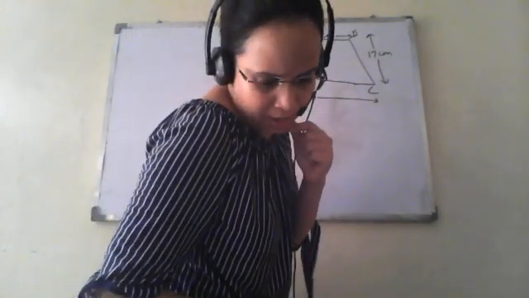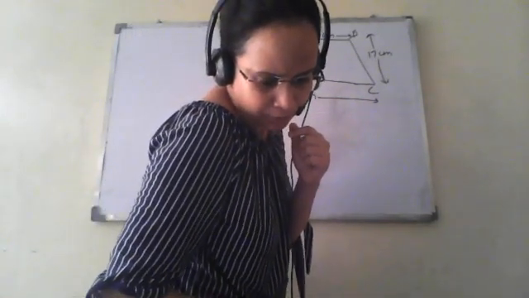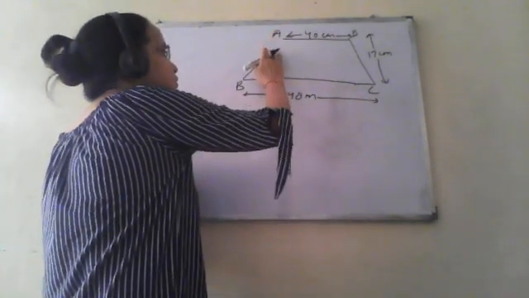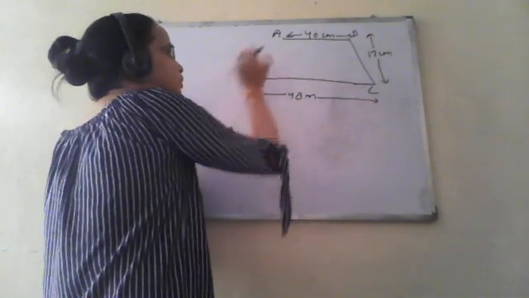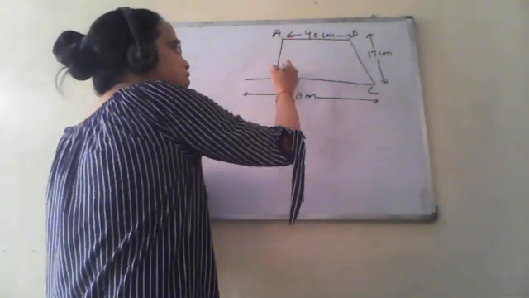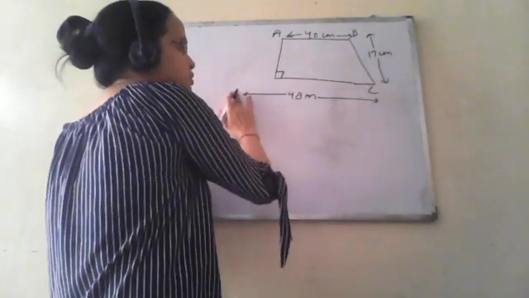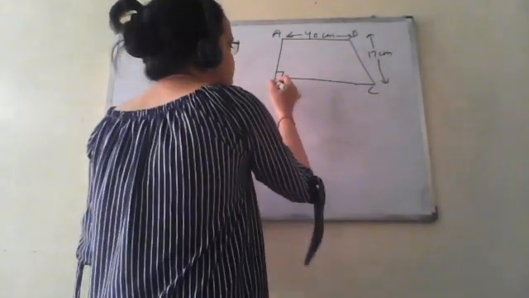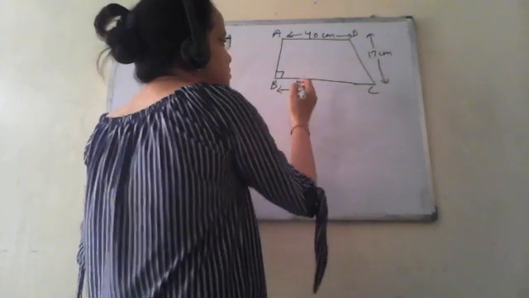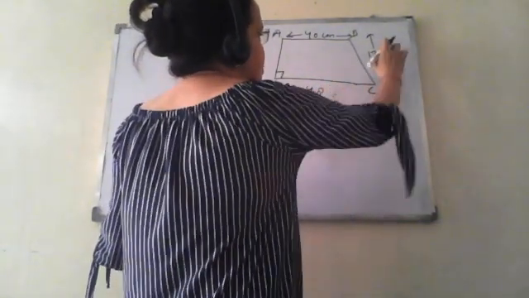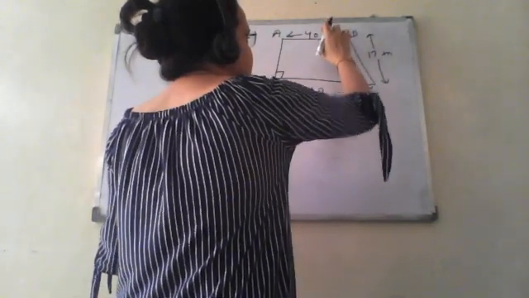Side AB is perpendicular to the parallel sides. This is the shape, somewhat of this type, and this is AB. It is given that AB is perpendicular to this. So this is 48 meter, not centimeter, this is meter.